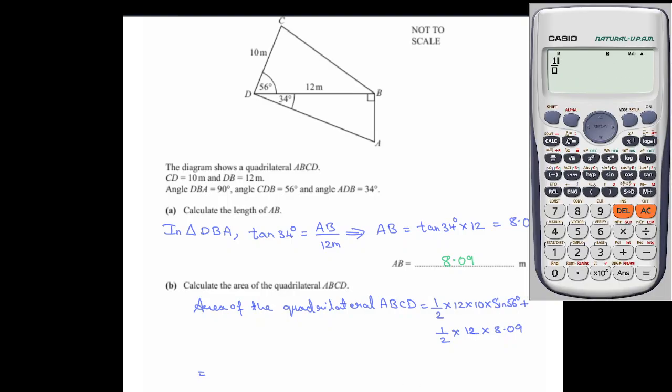Doing it in the calculator: half into 12 into 10 into sine 56 plus again half into 12 into 8.09, 98.2822. So it is 98.28 meter square, sorry. This is the area of the quadrilateral.